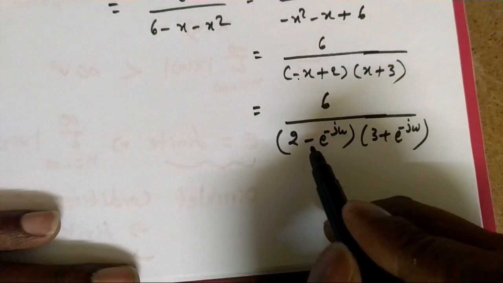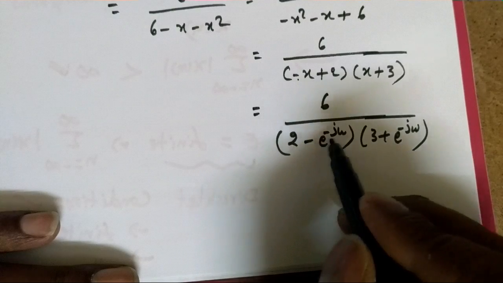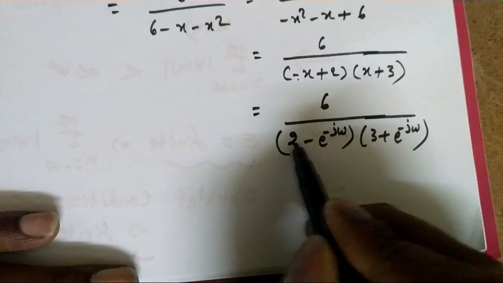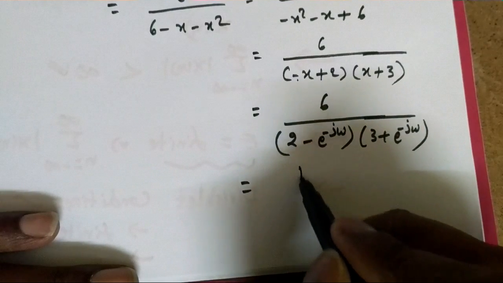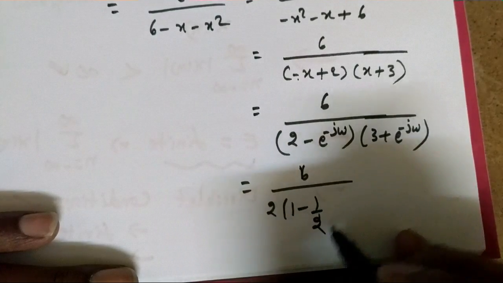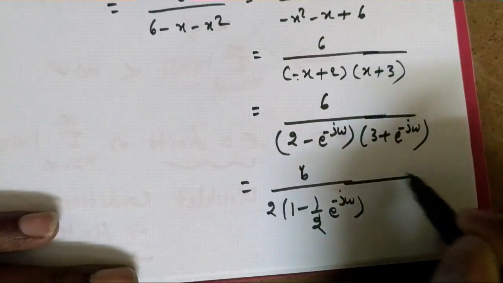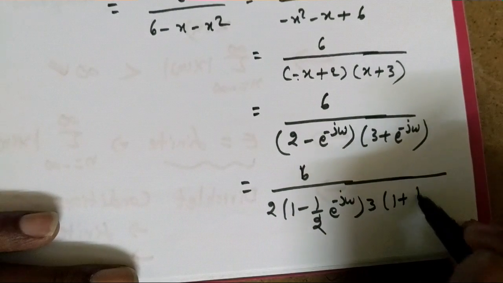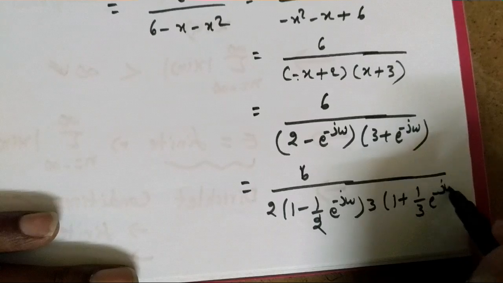Again, it should be in the form of 1 minus a into e power minus j omega, so we have to bring it like that. If I take 2 common here, it will become 6 by 2 common, 1 minus 1 by 2 e power minus j omega. Similarly, if I take 3 common, it will become 1 plus 1 by 3 e power minus j omega.